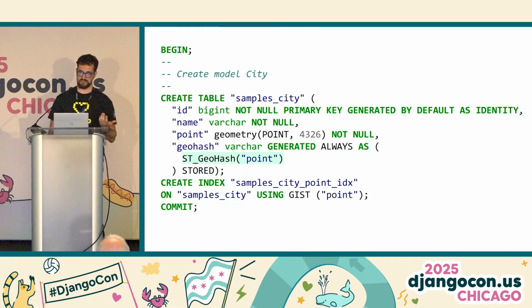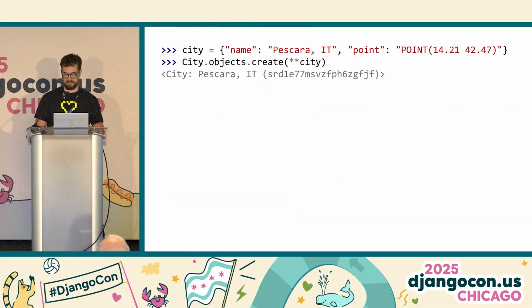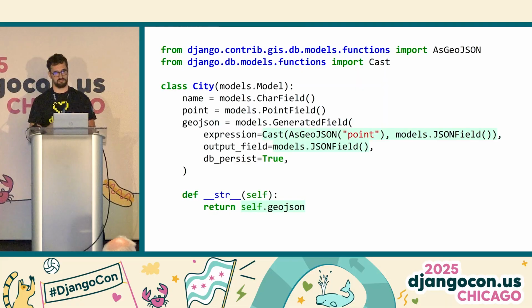And under the hood, the SQL code for PostGIS uses the GeoHash function too. In this case, I'm putting in my own town as the point, and what we get is the hash of it.